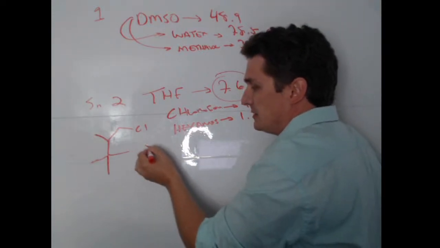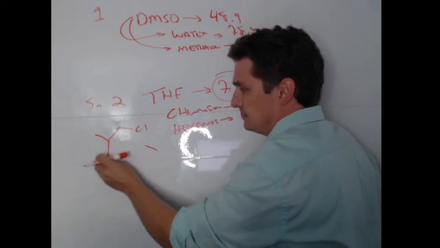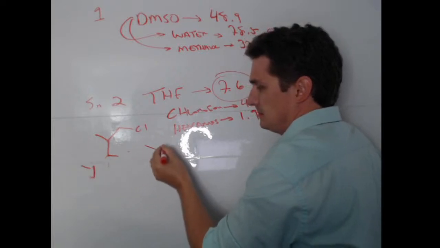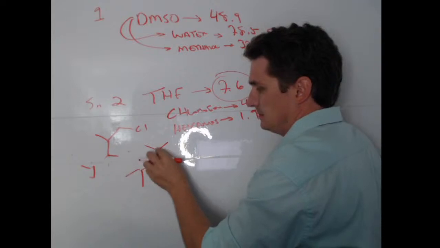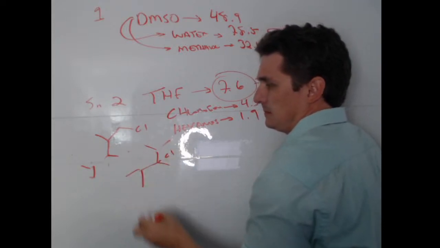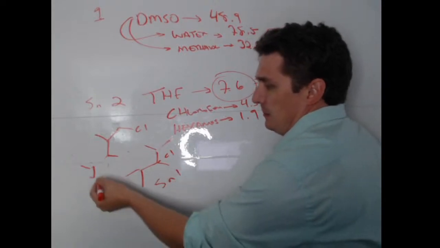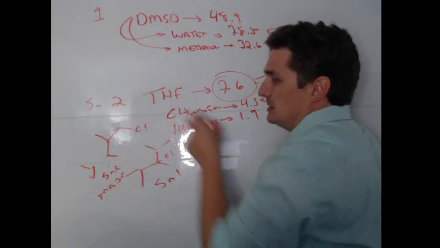You may also get some rearrangement. So yes, you will get some of the SN1 pathway, but here the SN2 pathway is going to be the major product for the THF.